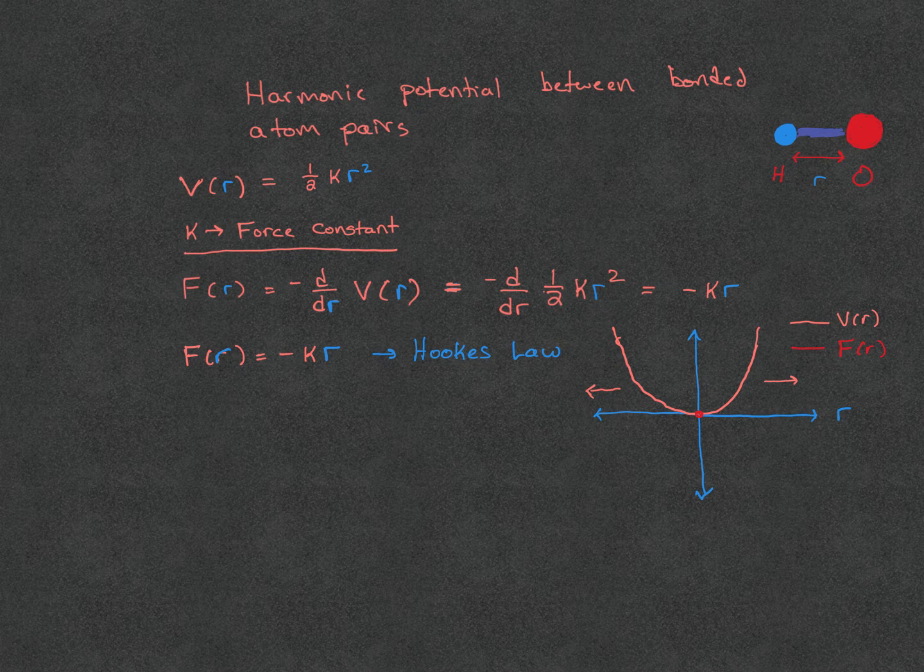When R is negative, I'm multiplying by -k, and k is some positive number, so when R is less than 0, I've got a positive force. When R is greater than 0, I've got a negative force. So basically, the Hooke's law force looks like this red line. What's the slope of this red line? Slope is k.